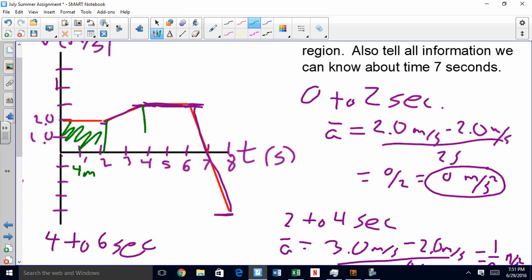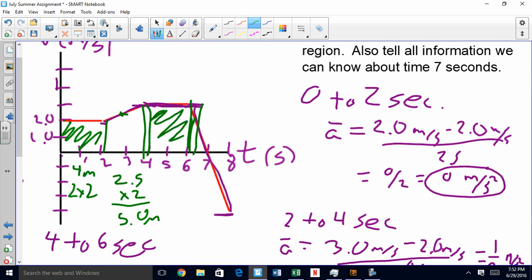Then for this part, the average would be 2.5 meters per second, times 2, which would be 5 meters. And then in this region we'd have 3 meters per second times 2 seconds, which would be 6 meters.